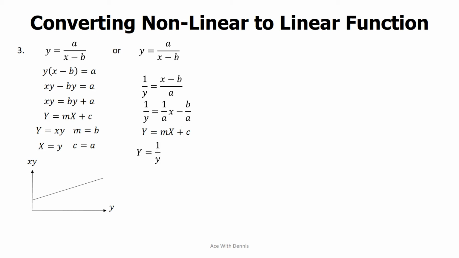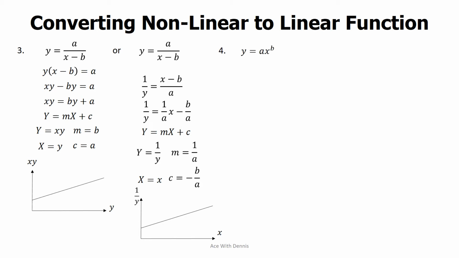We can let capital Y equals 1 over y. The gradient m equals 1 over a. Capital X equals x. And the c is negative b over a. So when we plot the graph, the x-axis is x, the y-axis is 1 over y, and this is the straight line.